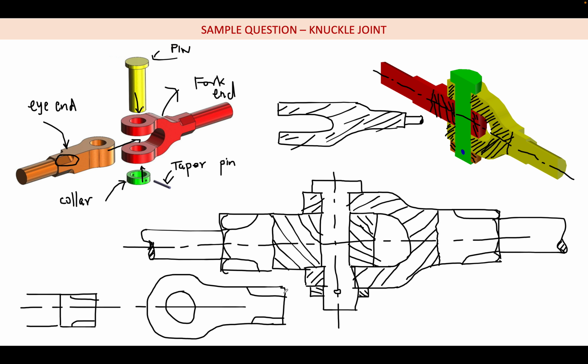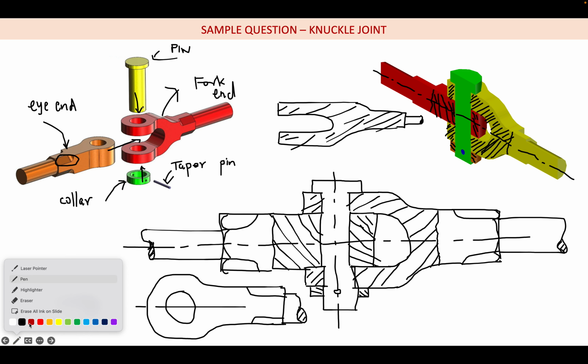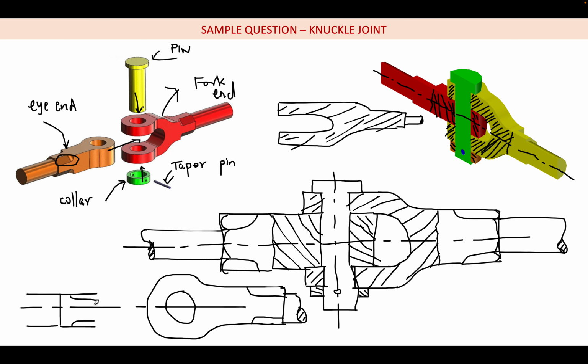And then to draw the shaft, here also this line won't come. So this will simply overlap.